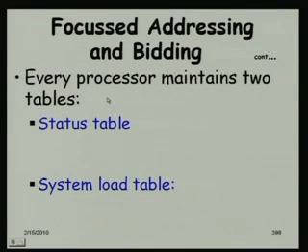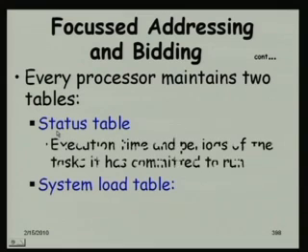So, here the algorithm is as follows. Every processor will maintain two tables. One table is called the status table, which keeps track of the different tasks it has committed to run, the execution times and periods of these tasks.